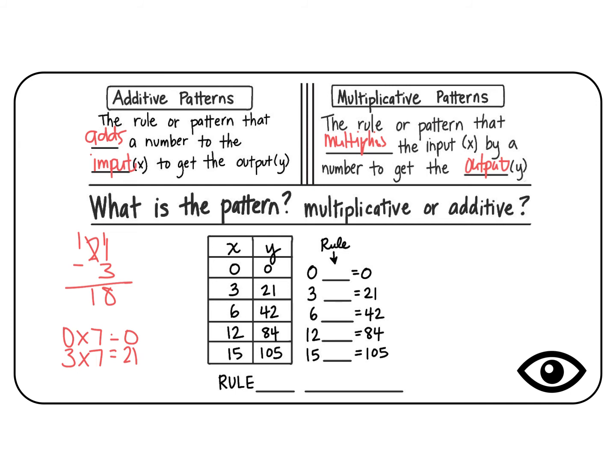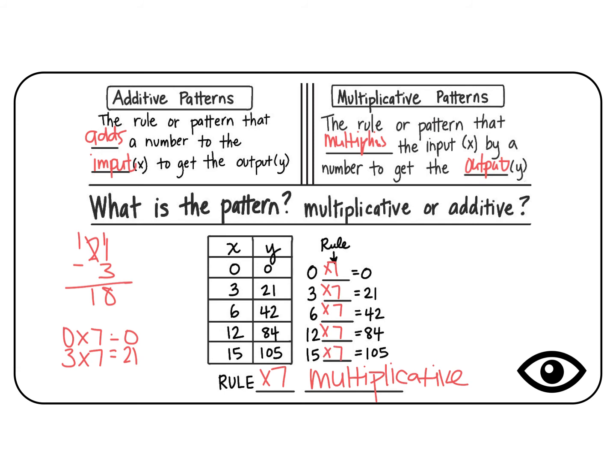So my rule must be to multiply. My rule is times 7, which means it is a multiplicative rule, because every time I'm multiplying by 7.